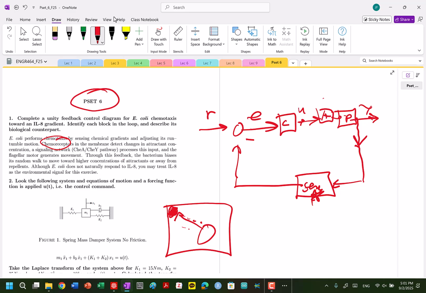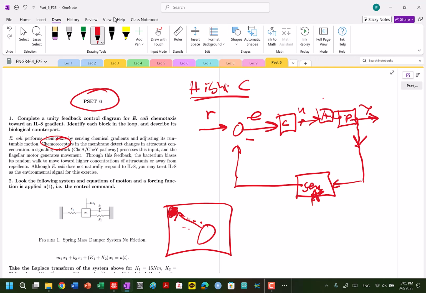Let's work from there. What is our reference going to be? Basically we want to move towards the higher concentration. In this system we always want to be increasing, moving to the highest concentration, right?